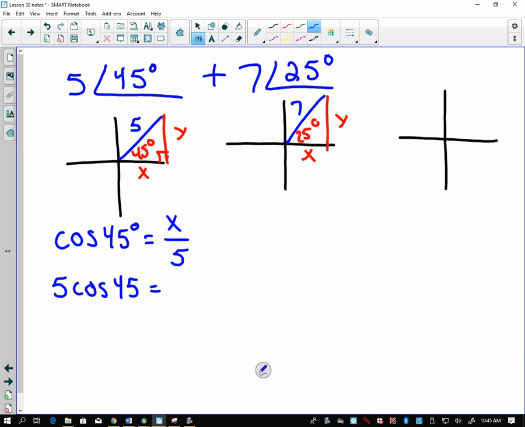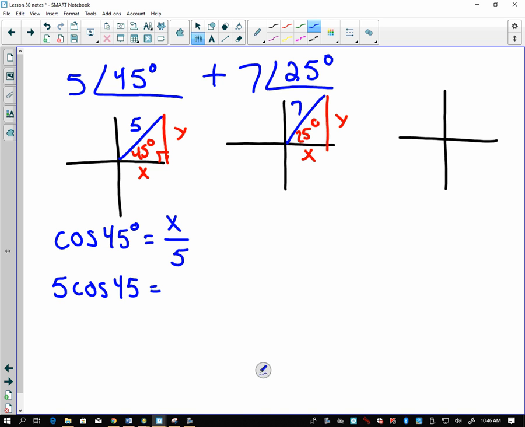Now I have to make sure that I'm in degree mode whenever I start this. So from here on out, instead of writing cosine 45 equals x over 5, I can jump straight to 5 cosine 45 if I understand that I'm going to use my hypotenuse, cosine, angle.